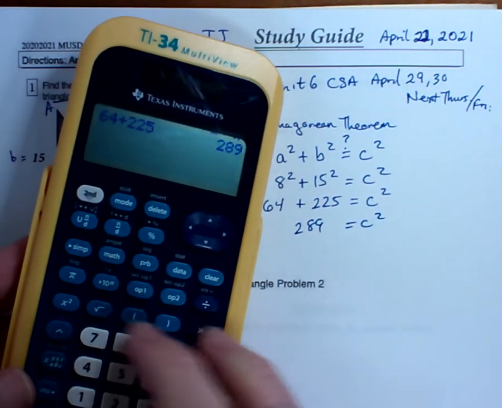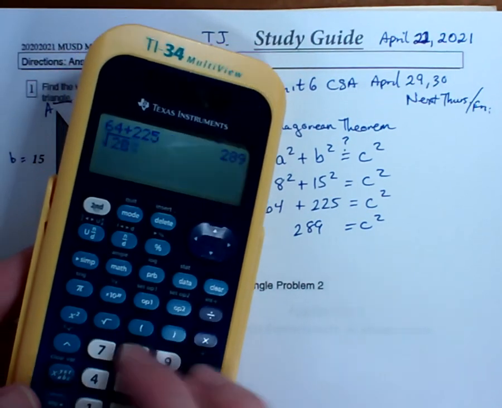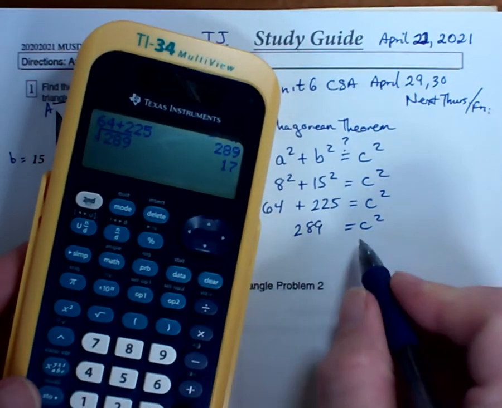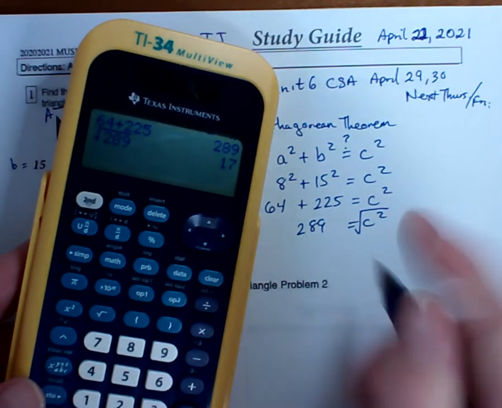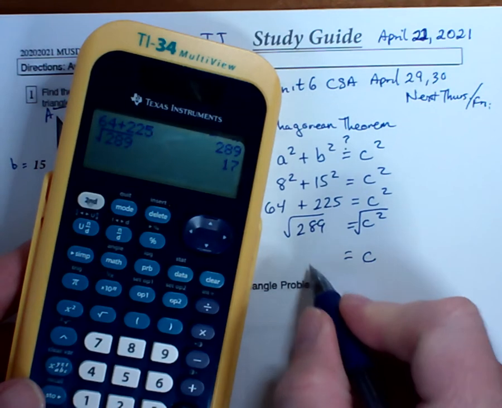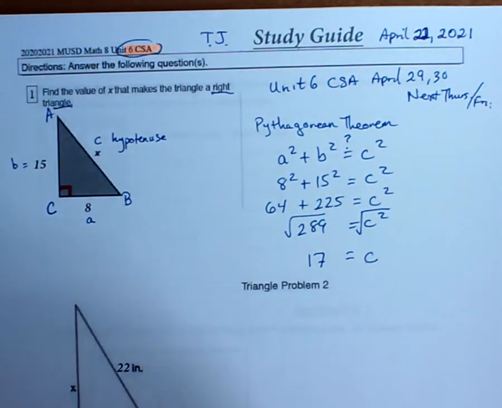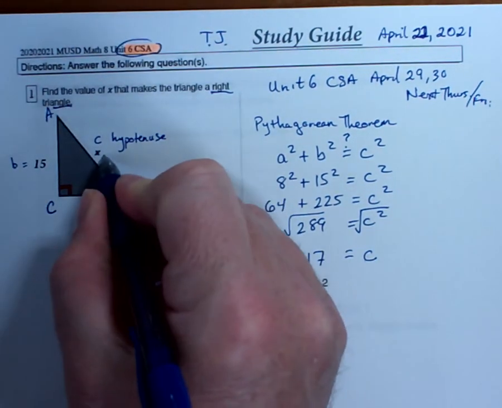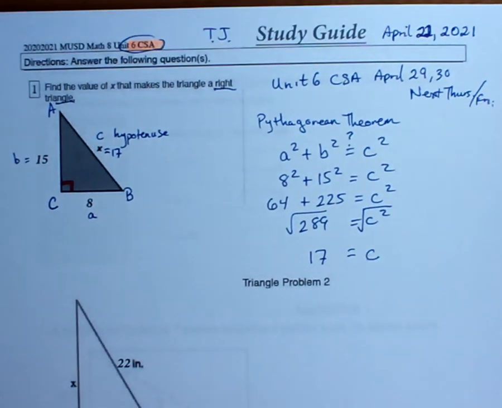And now I have to take the square root of 289 and I get 17. So I'm going to draw a radical sign above the C squared, and that becomes C. Square root here, it's 17. X equals 17. No units are given, so you do not have to do the units.